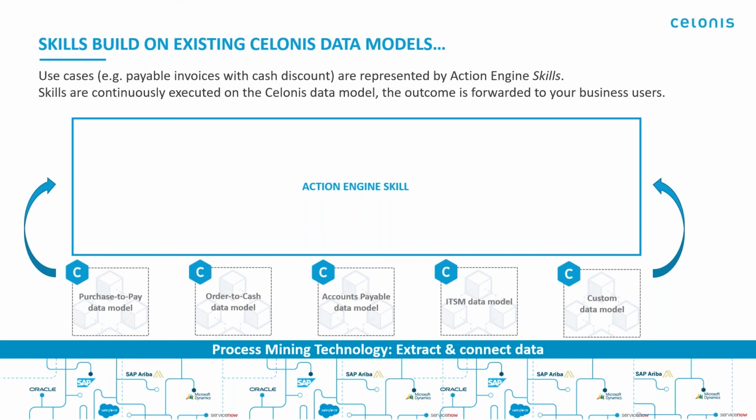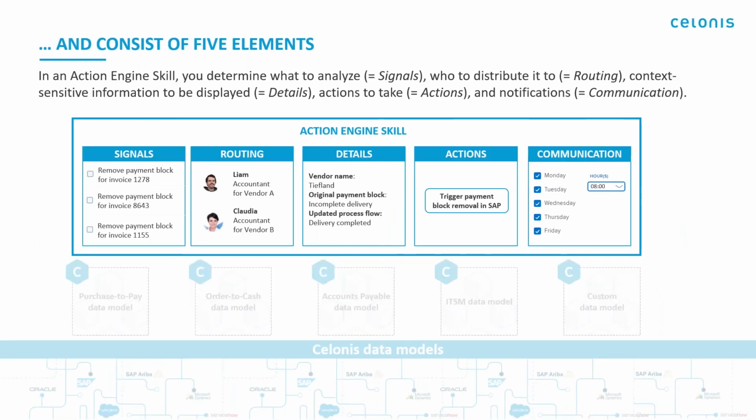How does a skill look like, and what are the different elements of a skill? And if we come back to the initial example of removing the payment block, then those are 5 elements that we have to address. And this is precisely what you will be configuring when setting up a skill. The first element are what we call signals.